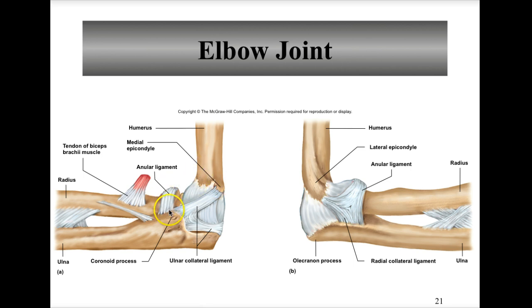There's your annular ligament around the radius and ulna, and you can see how that all interacts to create the elbow joint with the olecranon process. We haven't gotten much into the anatomy of the appendicular skeleton yet, but we will get there, and this will make a little more sense once we do.